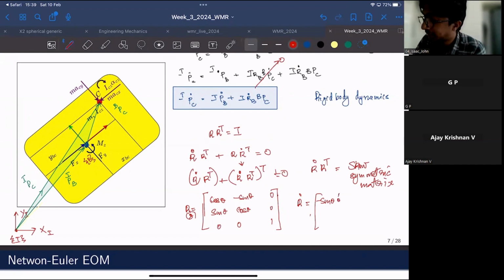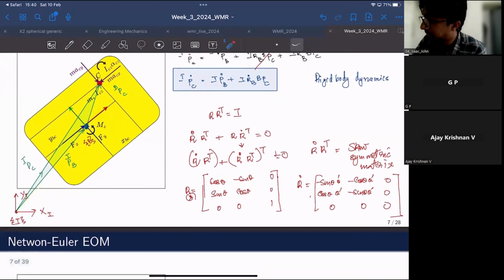The derivative of minus sine theta is minus cos theta, theta dot. This is 0. Then cos theta, theta dot; minus sine theta, theta dot; 0. And the third row would be 0, 0, 0. So this is nothing but R dot.